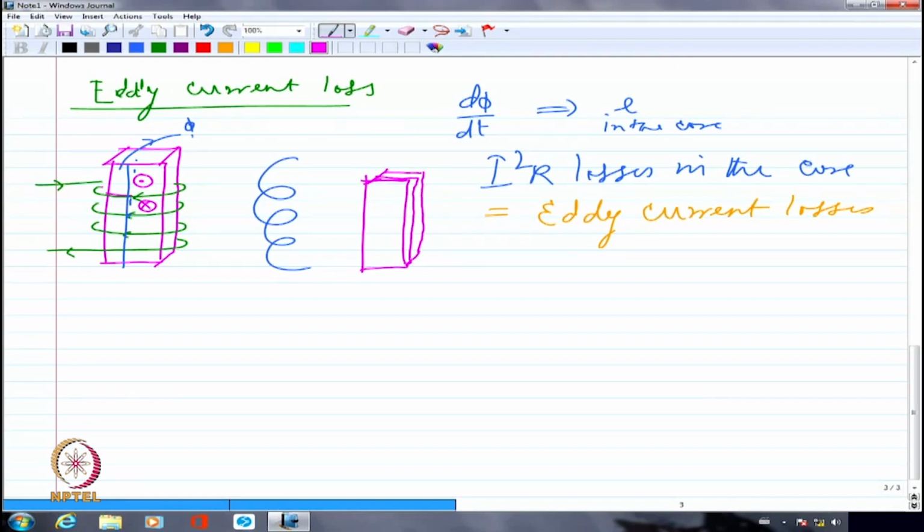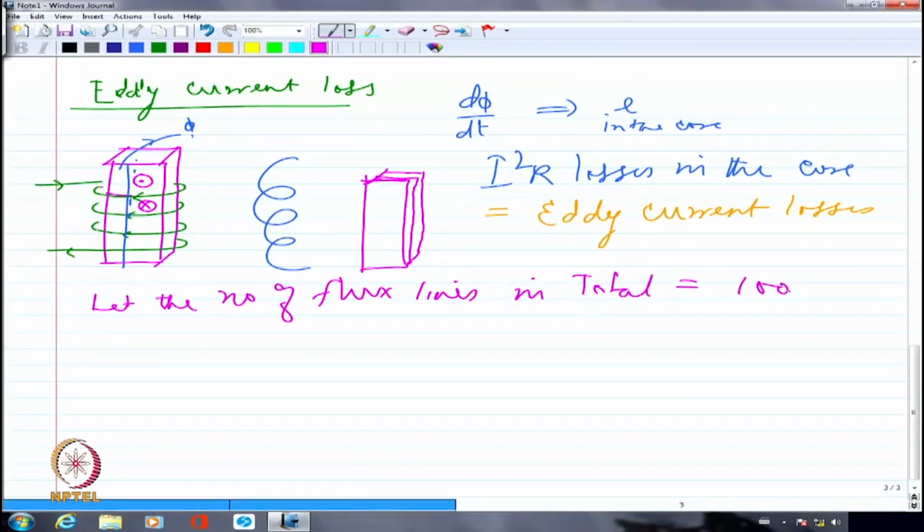So what is happening is, if I say that there are 100 flux lines overall, I am just arbitrarily taking a number. Say let the number of flux lines in total be 100. Let's say I have number of stampings or laminations to be 5.